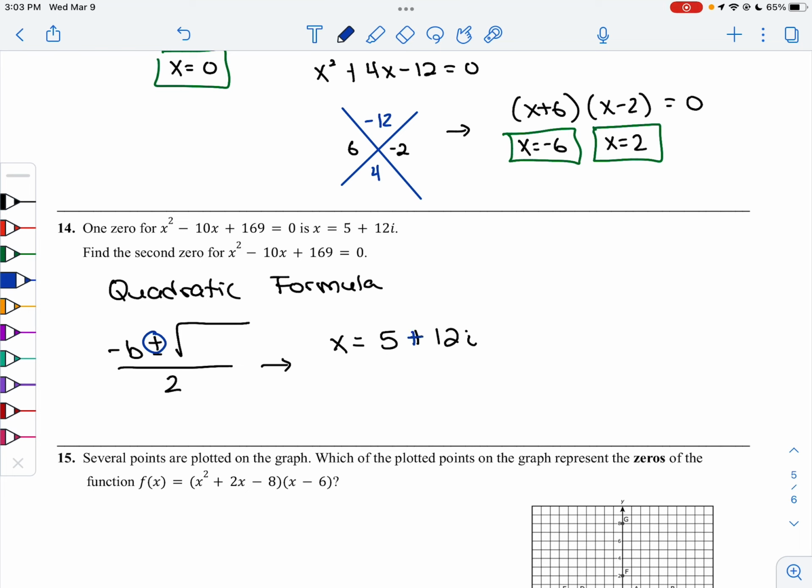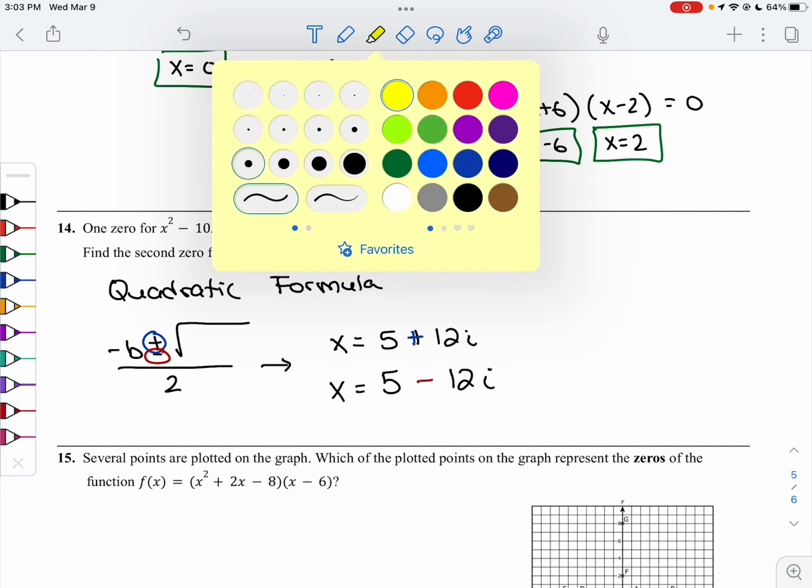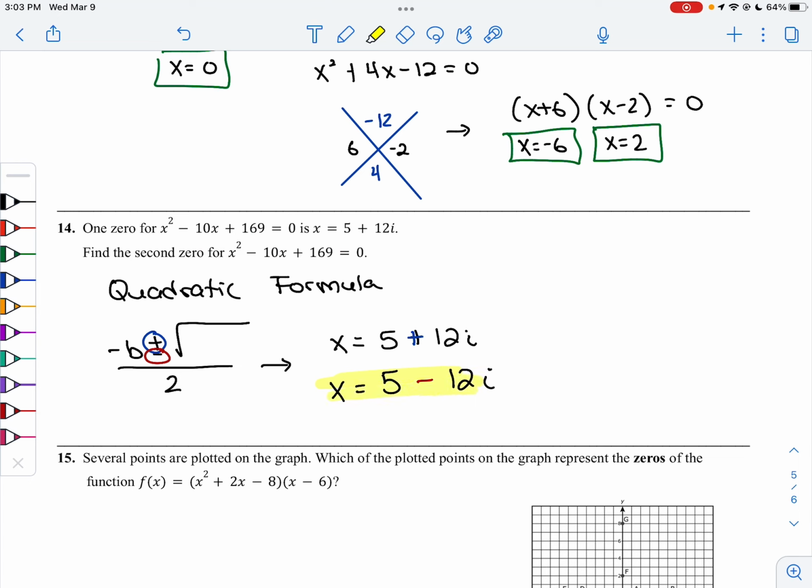Then what would the next x value be? Well, it would just be the minus part of it. So it would just be 5 minus 12i. Your second zero is nothing more than the same thing, but with the plus sign switched to minus.